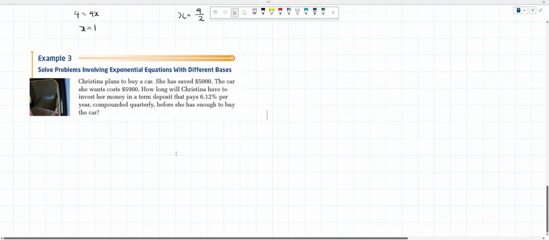So, let's put this into a formula. It's a compound interest formula, and compound interest is a very typical example of using exponential functions.